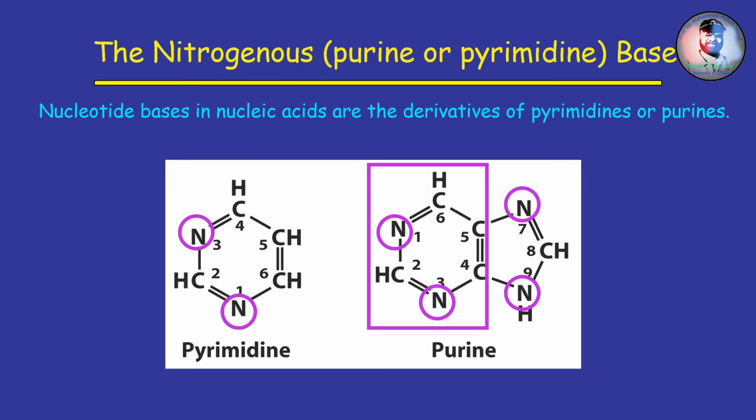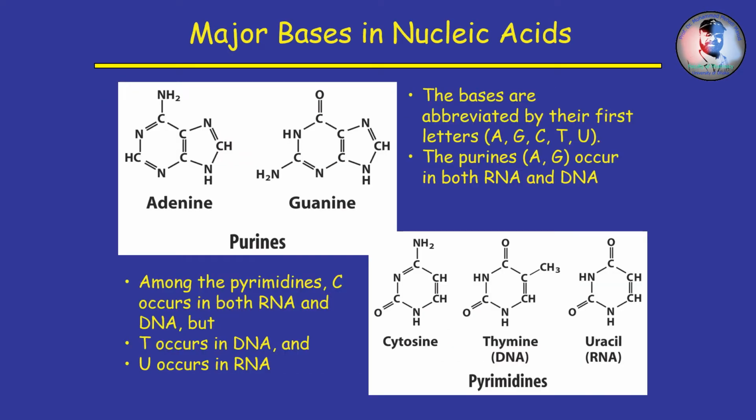Nitrogenous bases in the nucleotides of nucleic acids are derivatives of pyrimidines or purines. 5 major nitrogenous bases are present in the nucleotides of nucleic acids, and they are adenine, guanine, cytosine, thymine, and uracil. Each nucleotide contains any one of the nitrogenous bases.